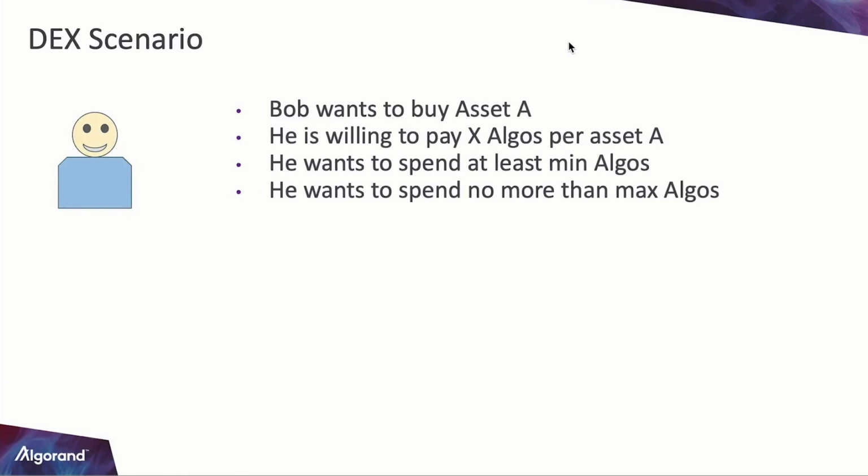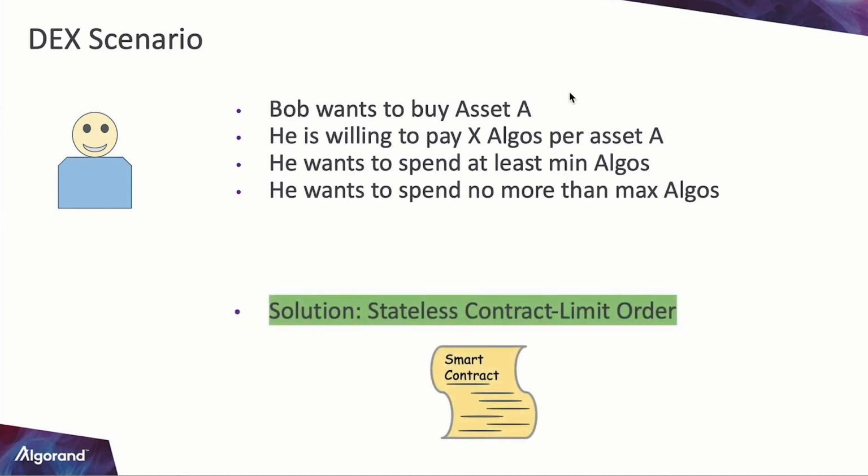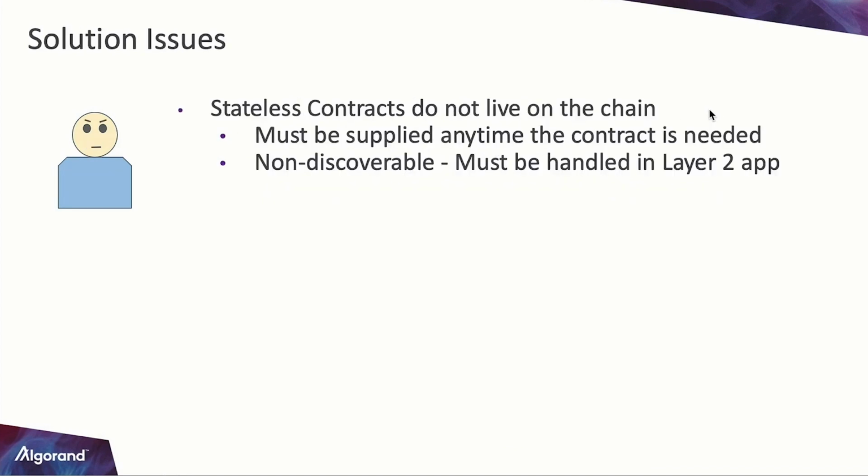I'm going to do an example now. Okay, so Bob wants to buy asset A, and he's willing to pay X algos per asset A. He wants to spend at least a minimum amount of algos and wants to spend no more than the max. So the solution is a stateless contract limit order to start with. And then the stateless contracts do not live on the blockchain. They must be supplied anytime the contract is needed.